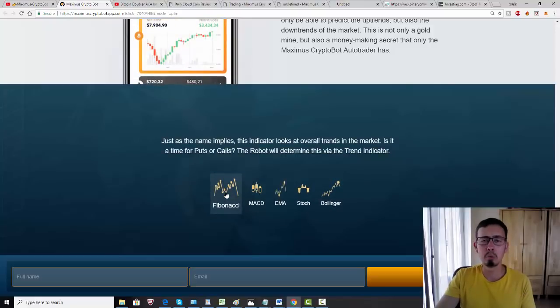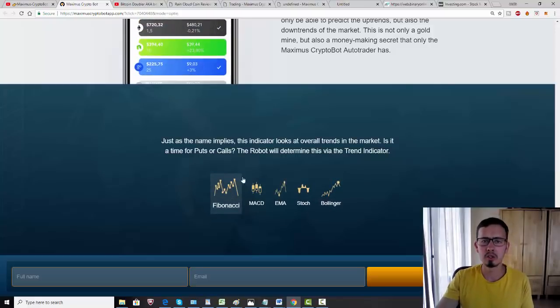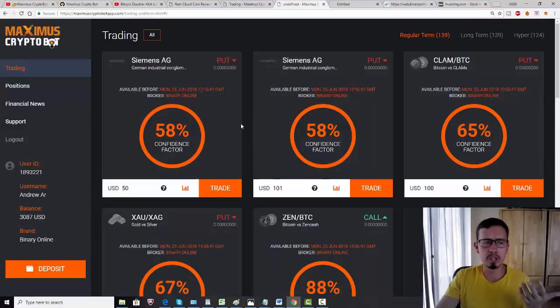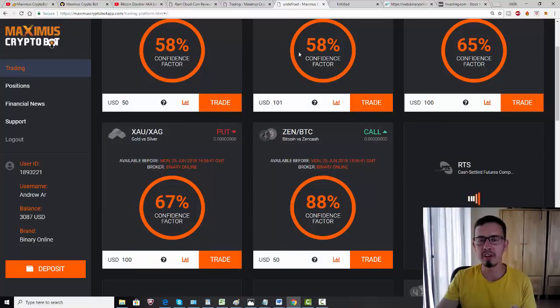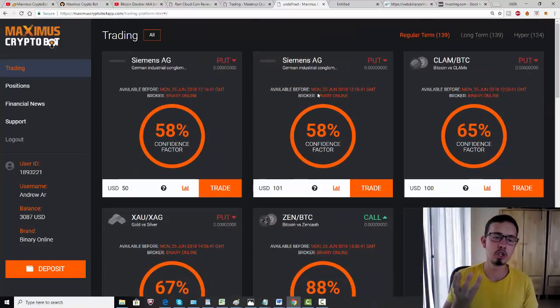So the new algorithm behind the Maximus-Cryptobot software is scanning the markets, looking at the trading opportunities. Whenever it sees a trading opportunity for the asset going up or down, and if that opportunity is strong enough, as we can see these confidence factors vary, the software shows these signals on the dashboard.